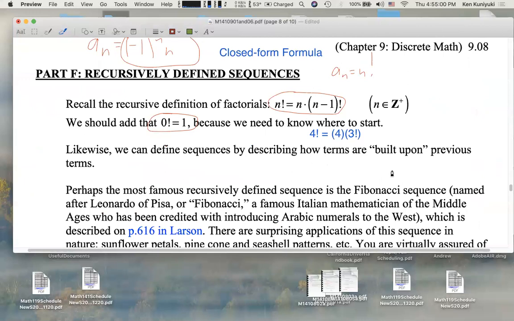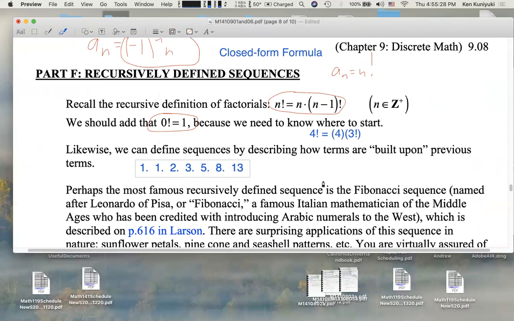Now, the most famous recursively defined sequence is a bit more complex, actually. Here's a good Facebook problem, right? What's the next number in the sequence? 1, 1, 2, 3, 5, 8, 11. Wait, I'm sorry.